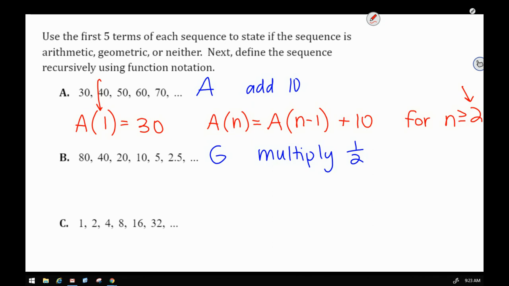So, this sequence, I'm going to use B. Our first step is what? A. That's where we started. To get any new step from that one, we multiply 1/2 times the term before it.